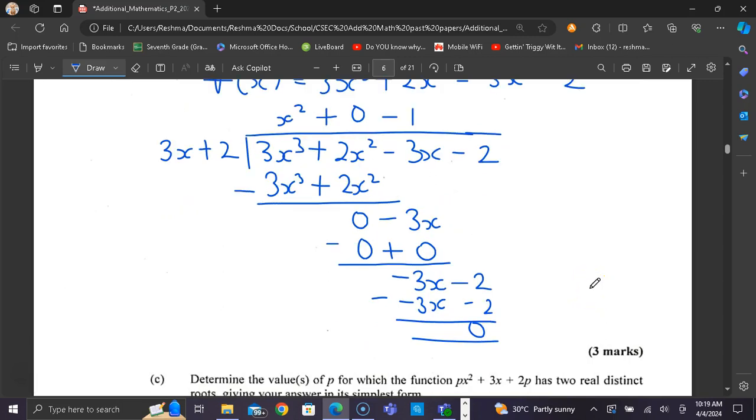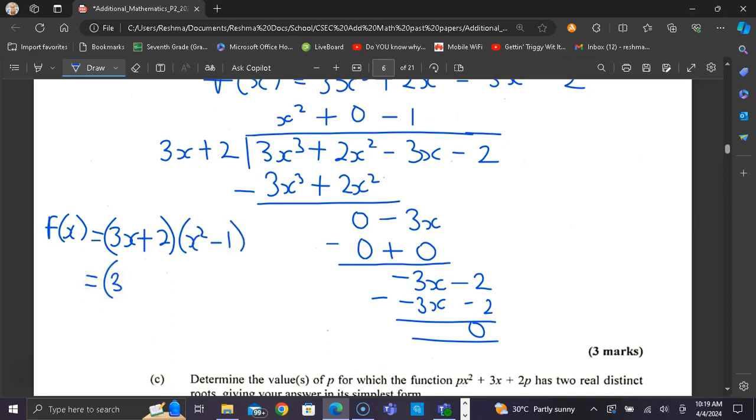So now that we know f of x is equal to, just going to write it on the side. All right, since 3x plus 2 is a factor, that's why we're left with no remainder. So 3x plus 2 is one of our factors. And the other factor is x squared minus 1.